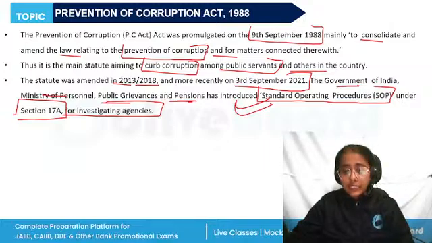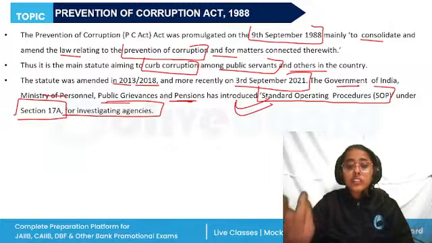Then the meaning of public servant: any person in the service or pay of the government or the local authority or any corporation established under a central, provincial, or state act. Also any person who is authorized to perform any duty in connection with the administration of the state or justice. These are the public servants covered under the act.